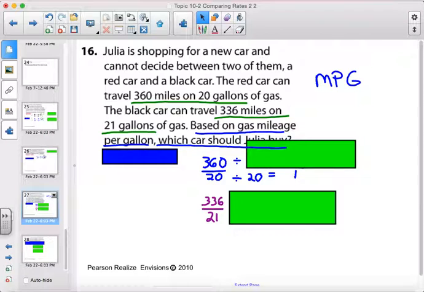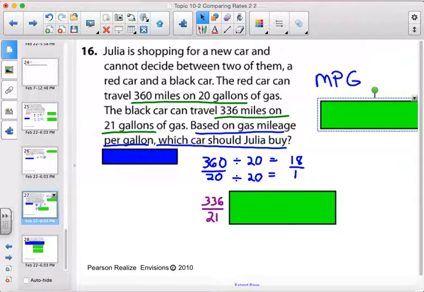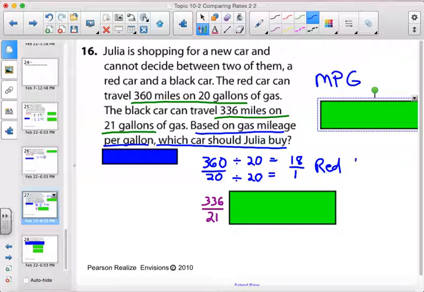So we will divide by 20 to get 1 gallon of gas. Divide 360 by 20 and get 18. So the red car is going to go 18 miles to the gallon. That's its miles per gallon.